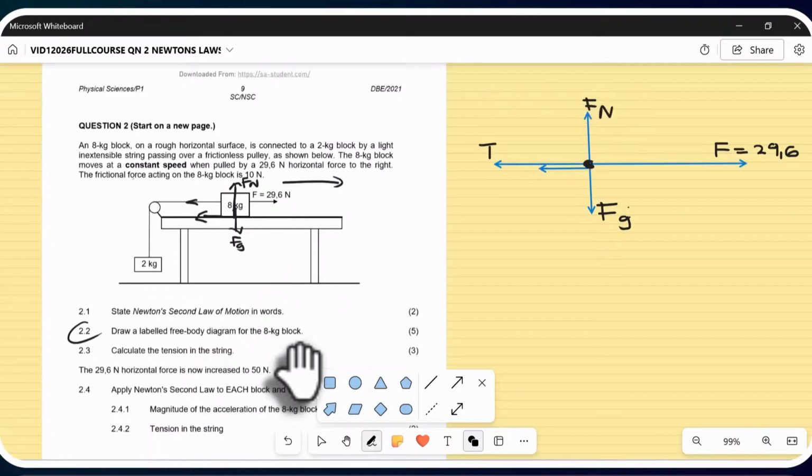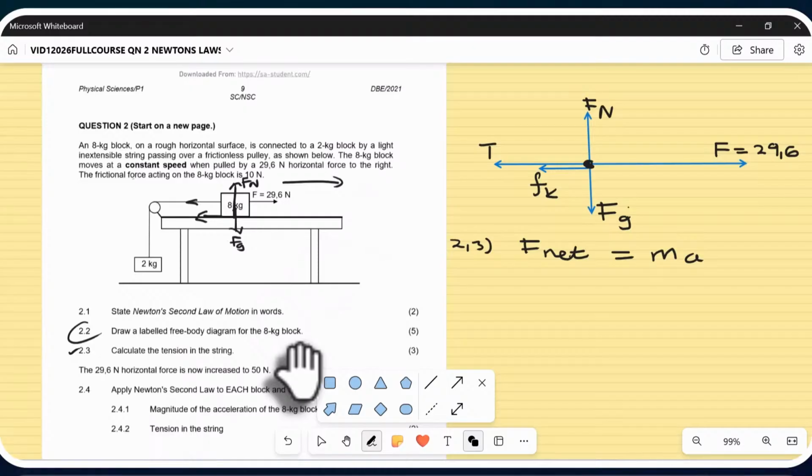Then they say calculate the tension. T equals to ma. Because we know the forces here, we're going to use them here. We don't know the tension here, so we can't use it. We don't know the acceleration, so we can't use it. We're looking for the tension anyway.